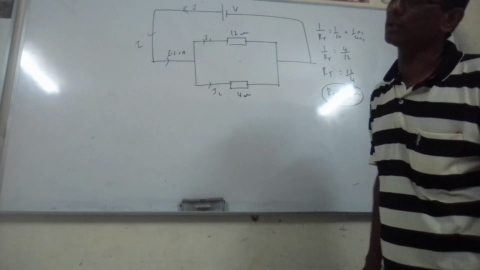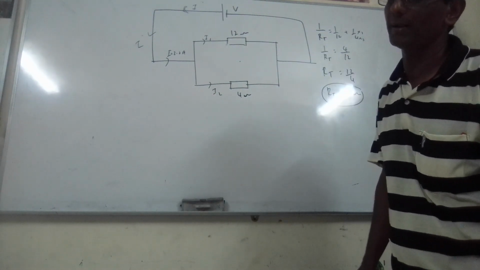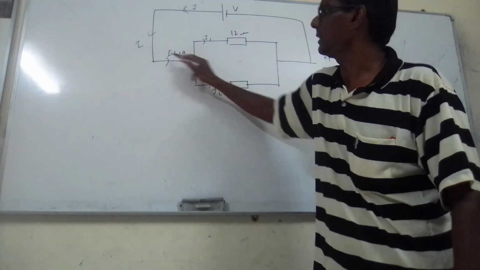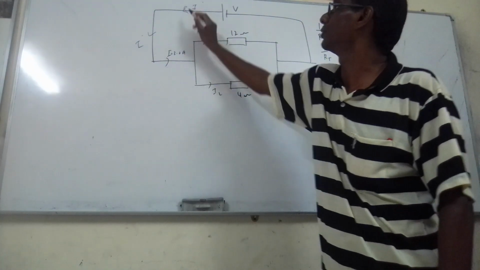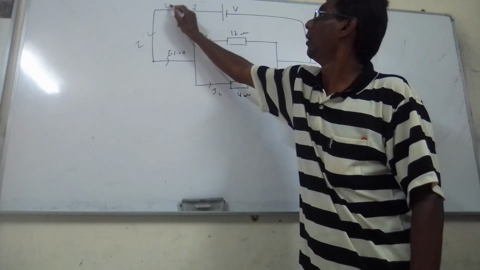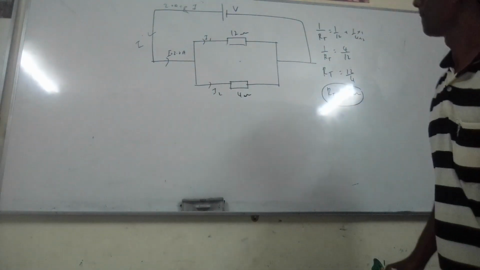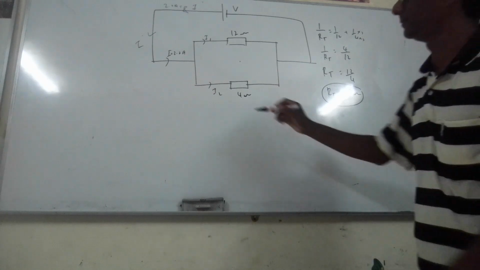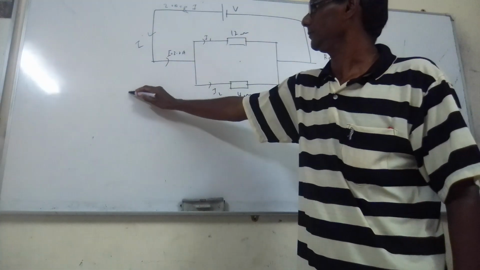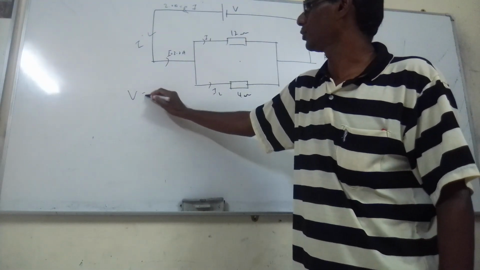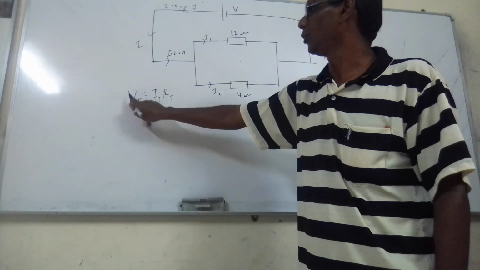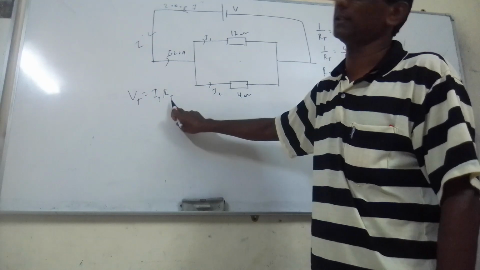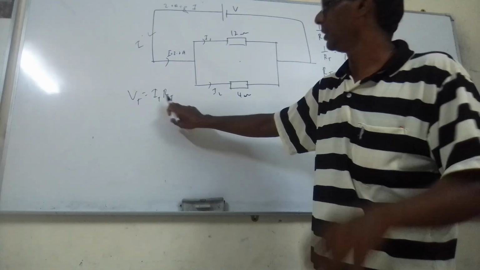What is the total voltage of the battery? The total current is the main current, 2.0 ampere. We use V equals IR with total voltage, total current and total resistance of the circuit.